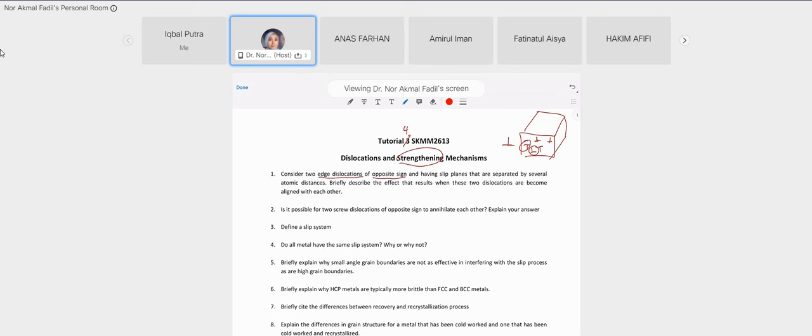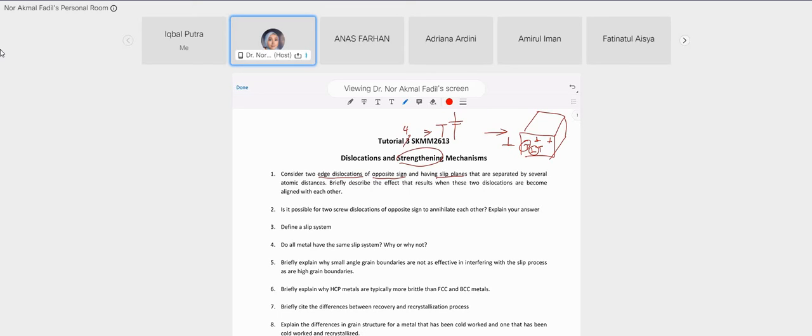So if we give some load, okay, the plane slips, and briefly describe the effect that results when these two dislocations become aligned. When they become aligned, like this, we give a load, this moves in this direction, what will happen? So they look like they are cancelling each other.